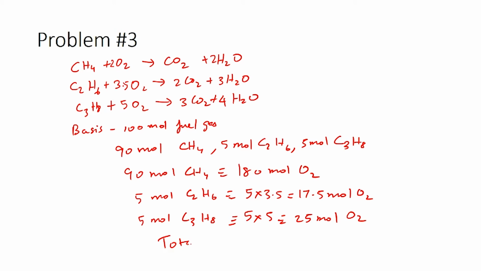So, the total oxygen requirement would be 180 plus 17.5 plus 25, which is equal to 222.5 moles of oxygen. We have been told that air is supplied at 25% excess.